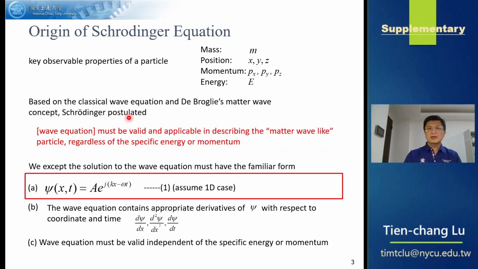Based on the classical wave equations and the de Broglie matter wave concept, Schrödinger proposed that if we can formulate a wave equation, this wave equation must be valid and applicable in describing the matter wave-like particle.